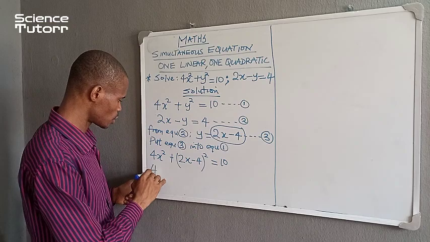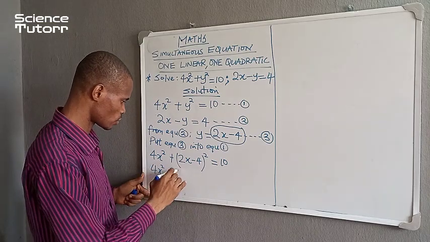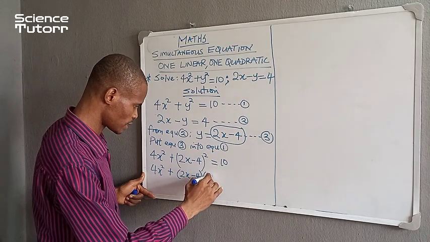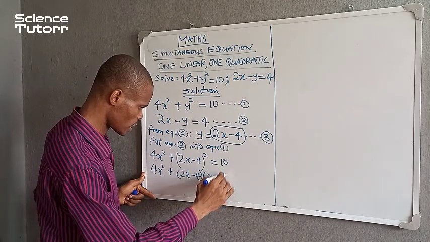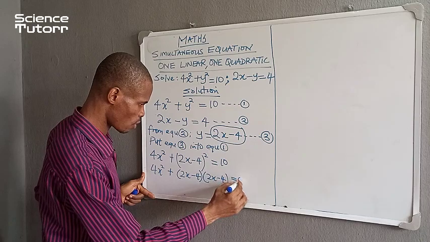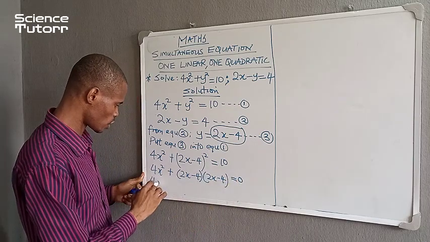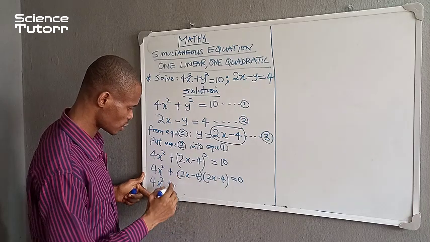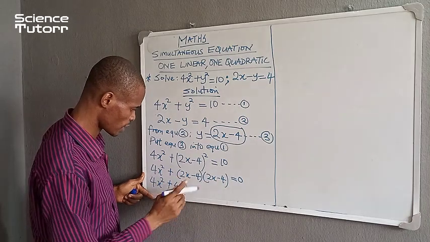Now this simply means 4x squared plus 2x minus 4 two times, 2x minus 4, that is the essence of the square, equals 10. So that gives us 4x squared plus, this multiplies this, we have 4x squared.